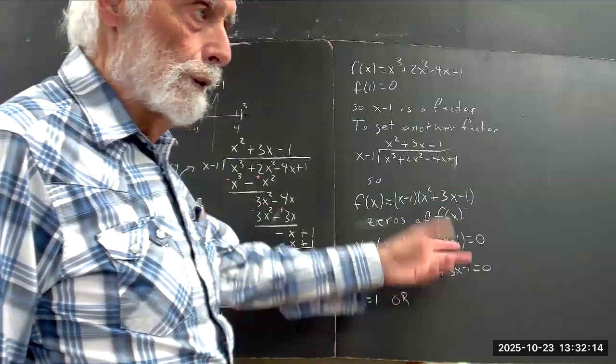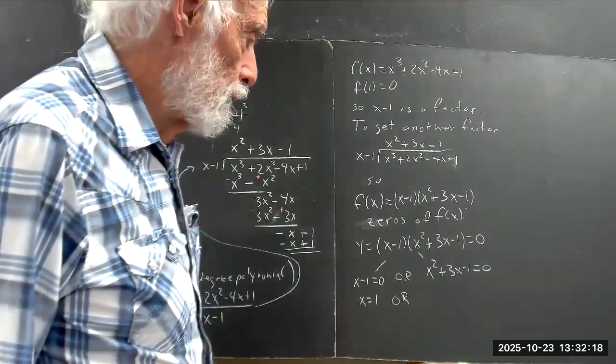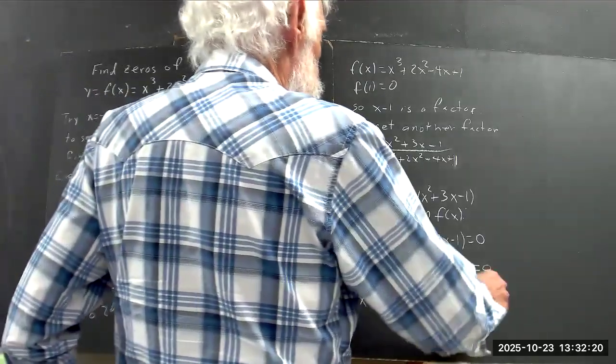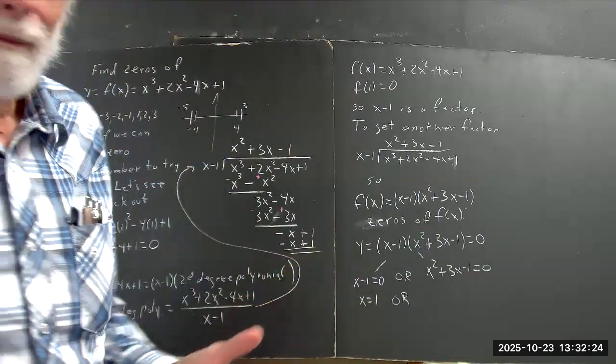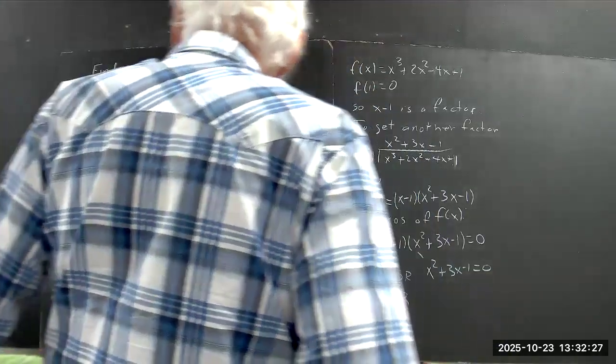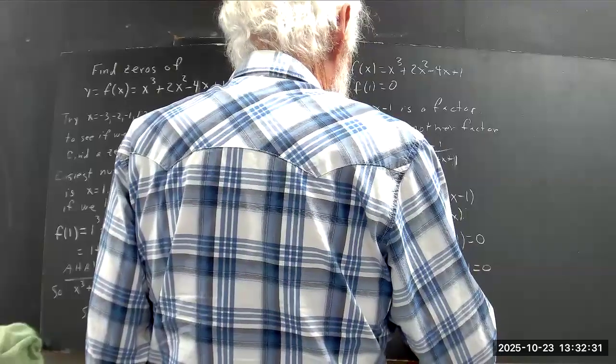You can try to factor this if you're good with factoring, and a lot of people are, but it's not going to work. We got to use the quadratic formula. Okay, that's easy. I mean, it's a little tedious. If you're like me, you make a mistake about every third time.